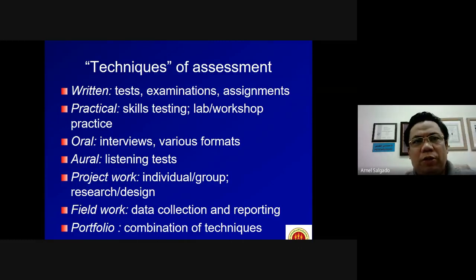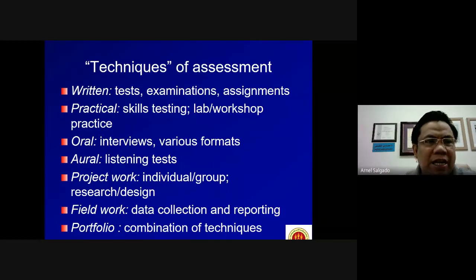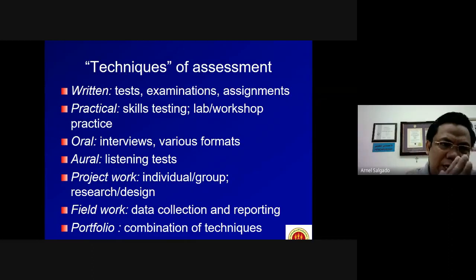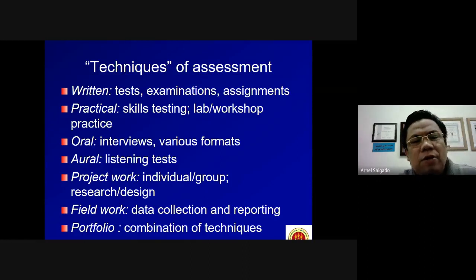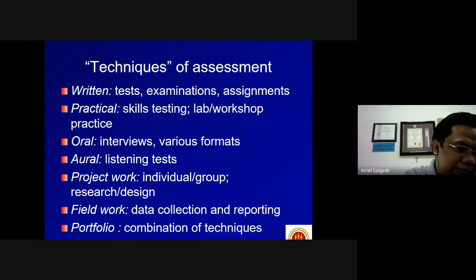That's the reason why we call it oral defense or Viva voce. That's a form of oral examinations, a form of oral assessment. We have to mark you according to the mark sheet. Now, it can be used again as a formative and as summative, and there are other various formats that we can actually have. Now, oral listening tests.